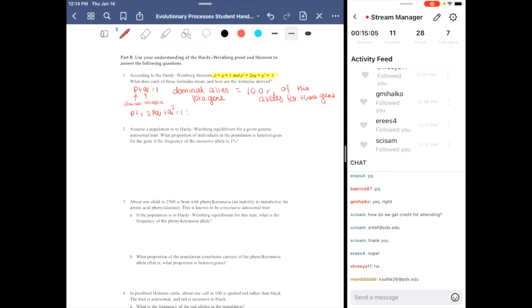So this is saying that if you combine all the individuals that are homozygous dominant for a gene with all the heterozygous and homozygous recessive individuals for that gene, you have counted or combined all the individuals in the population that carry the gene. So in the first equation, P plus Q equals 1, you're just looking at the presence of the dominant and the recessive alleles, but you don't know if that's appearing as homozygous dominant, homozygous recessive, or heterozygous, whereas the second equation gives you the heterozygous relationship.